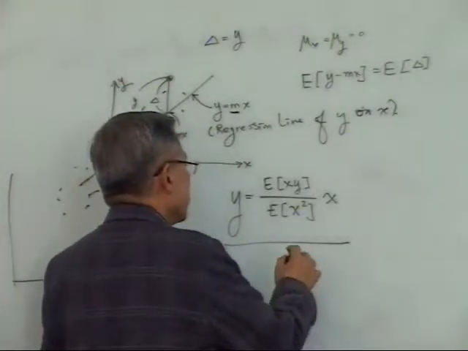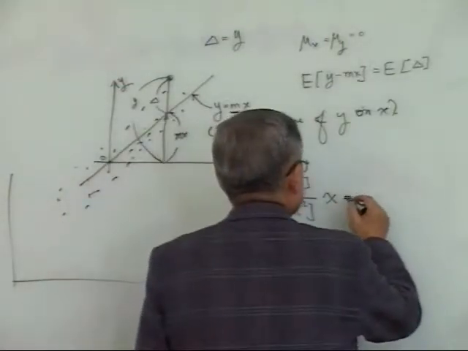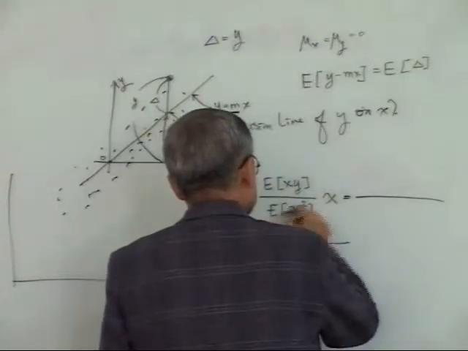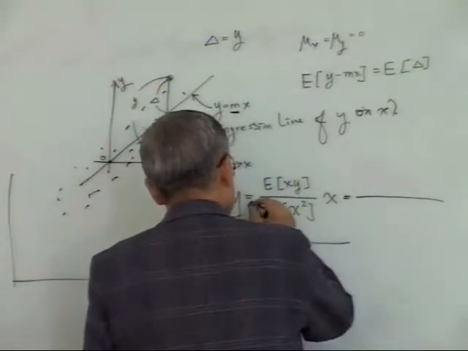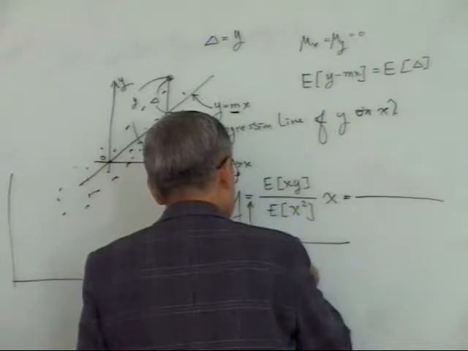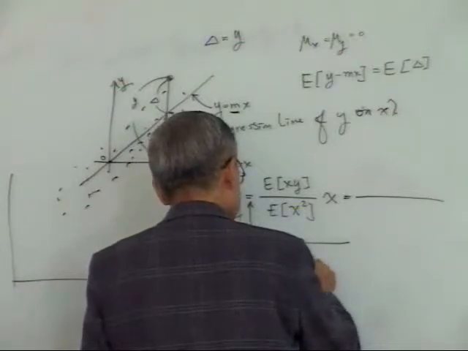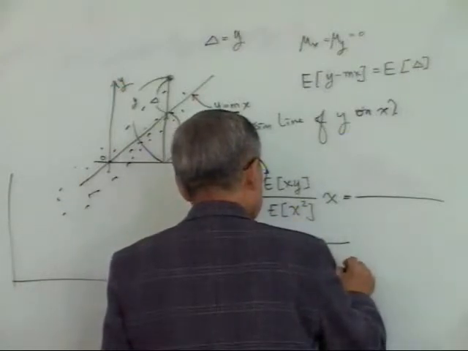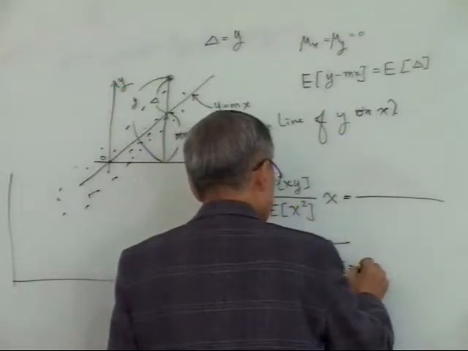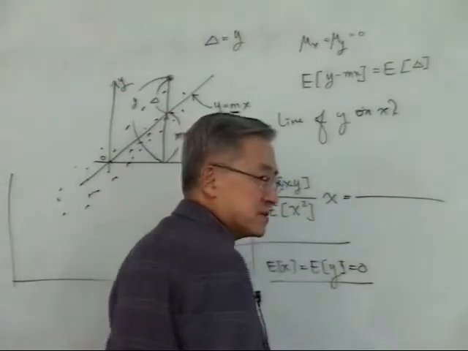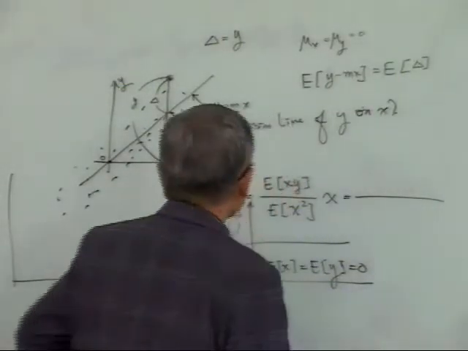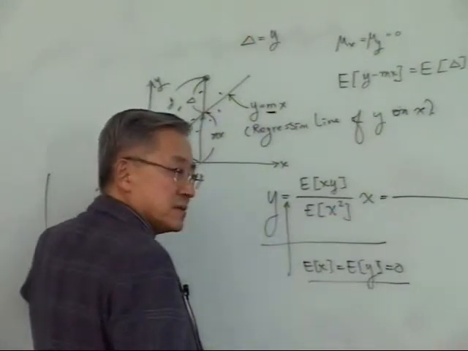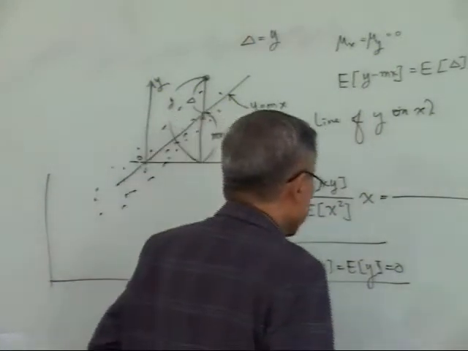And over here, the assumption is that E of x is equal to E of y, the mean value of x and y is equal to 0. Why? Because we shifted down to the CG. Got it? One of the assumptions is that.